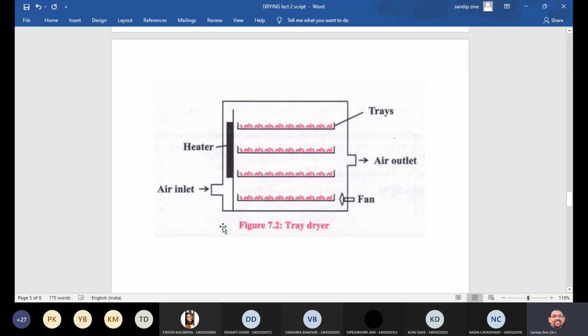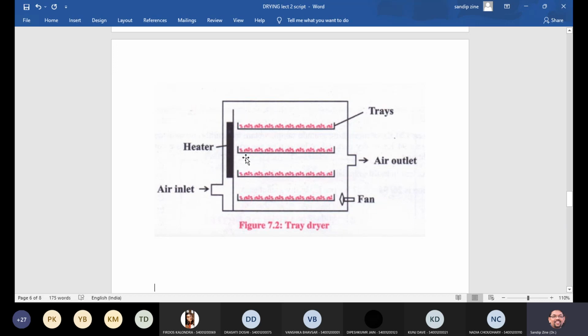So students, if you see this particular diagram, this is the assembly of a tray dryer. This particular portion, whatever we are talking about, 1, 2, 3, 4, these are the trays. These are assembled in one jacket, or metal jacket we can say.